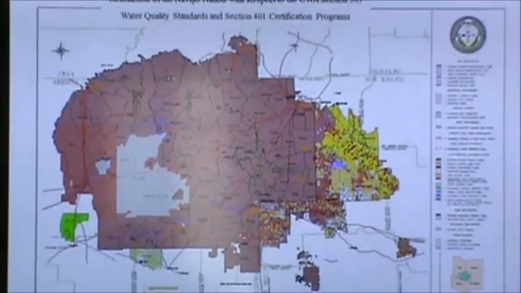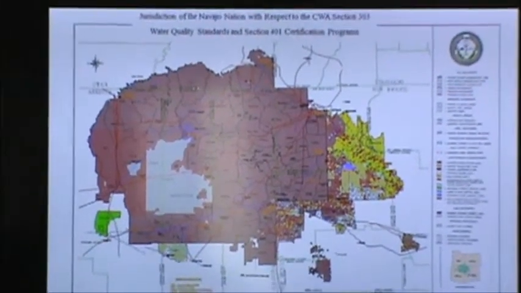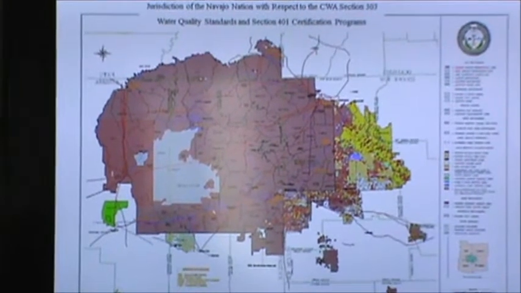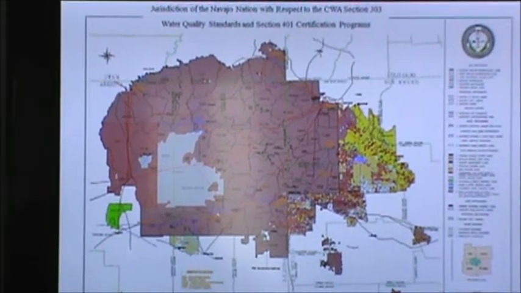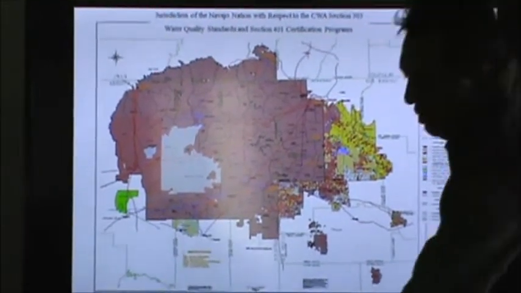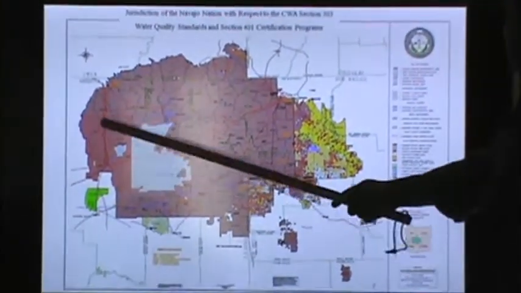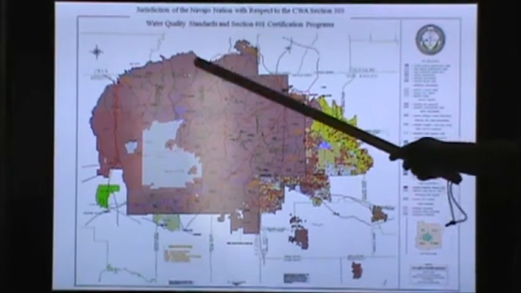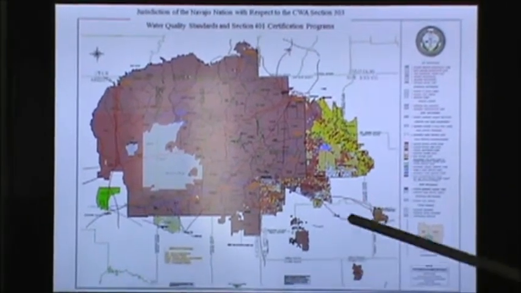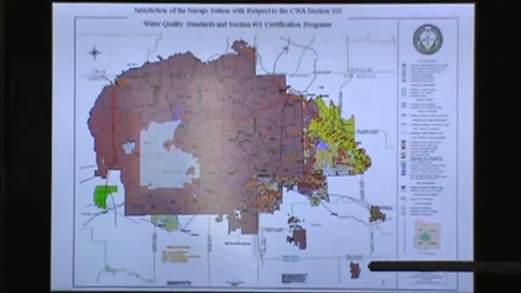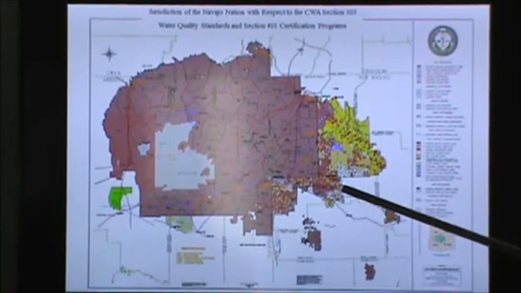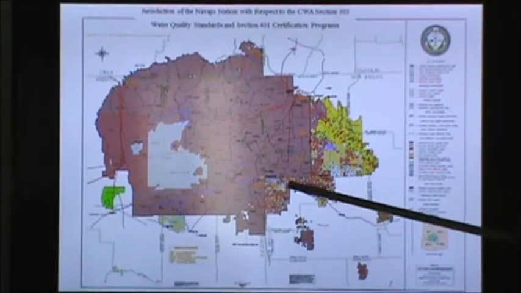Under our treatment as a state approvals, US EPA gave us authority to run our 303 and 401 programs within the exterior boundaries of the main reservation, as well as the satellites, Ramah, Tohajiilee, and Alamo, as well as the trust lands in Eastern Navajo.